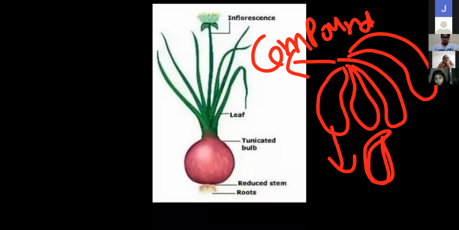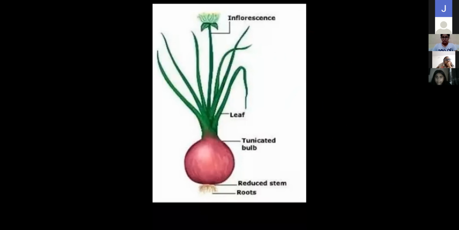Compound tunicated bulb, for that example garlic. Simple tunicated bulb, for that example onion. So food is stored, remember, in the leaf. Only two examples, onion and garlic. Is it clear to you?